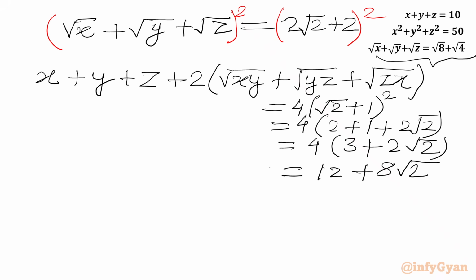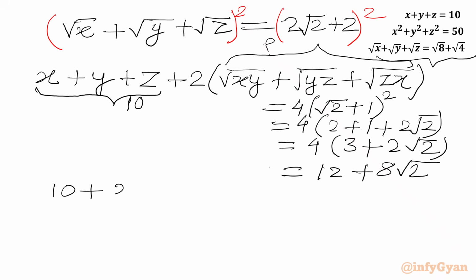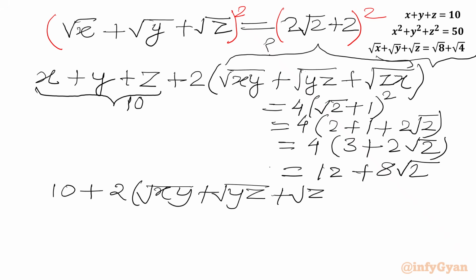In LHS, we can plug in equation number 1 over here, so here we can write 10. From this equation, we will find the expression square root xy plus square root yz plus square root zx. So I will write here 10 plus 2 times (square root xy plus square root yz plus square root zx) equal to 12 plus 8 square root 2.